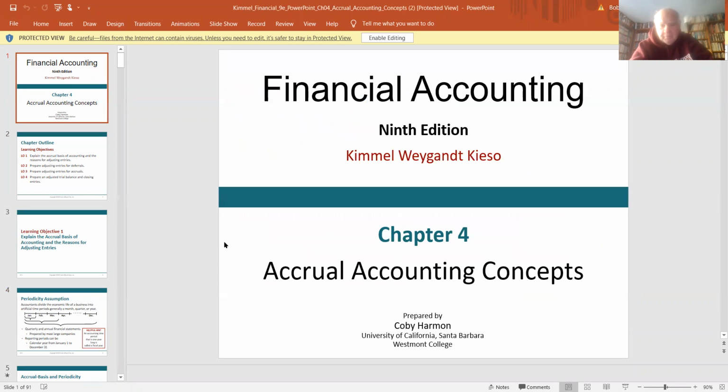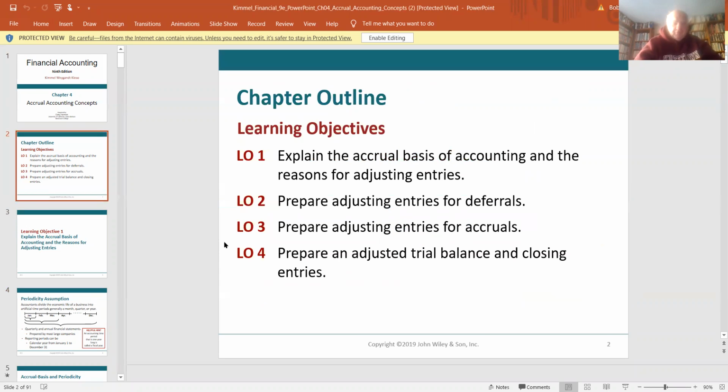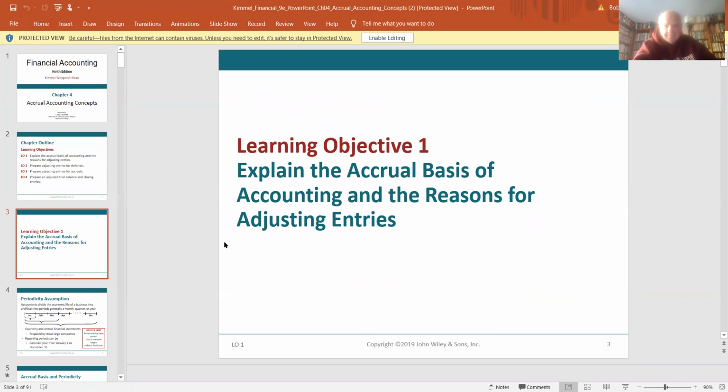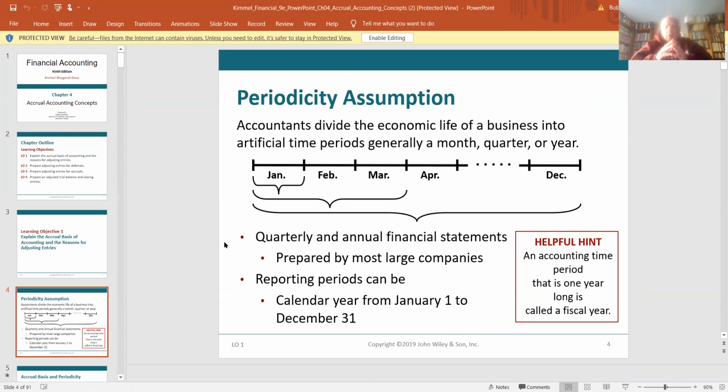Chapter 4, we're going to get into adjusting journal entries, kind of a tricky area, okay? Let's talk about the accrual basis of accounting and the reasons for adjusting journal entries. We work with what's called an accrual basis of accounting, everybody. Accrual.